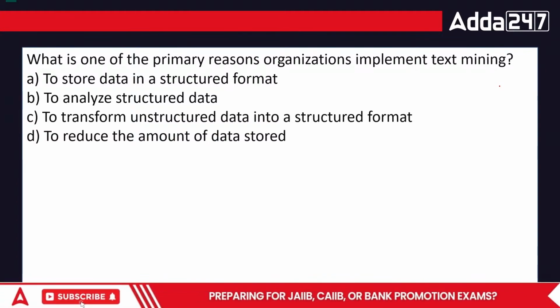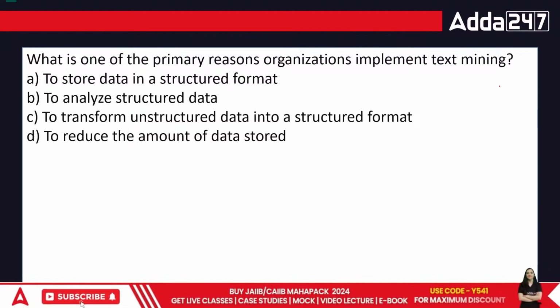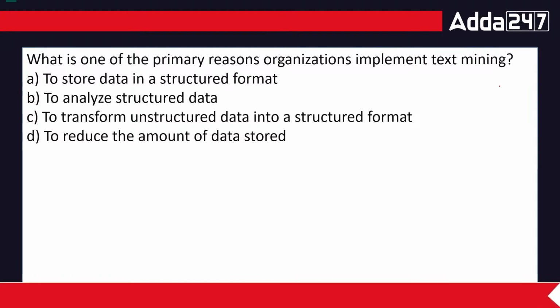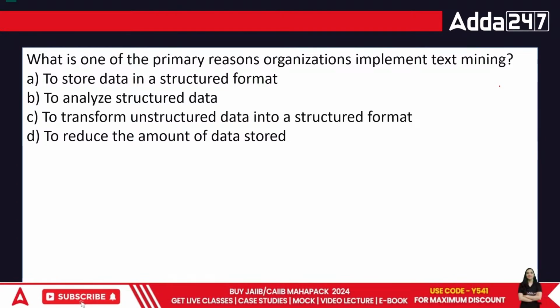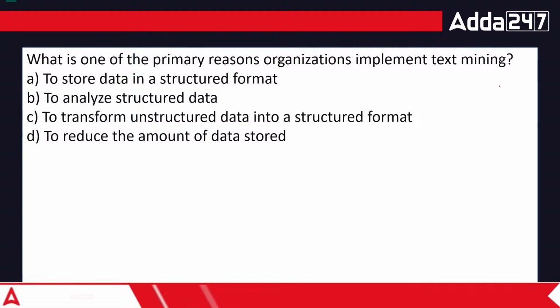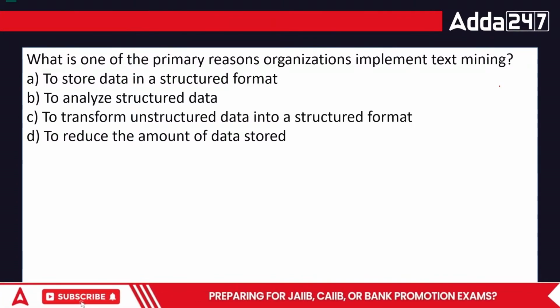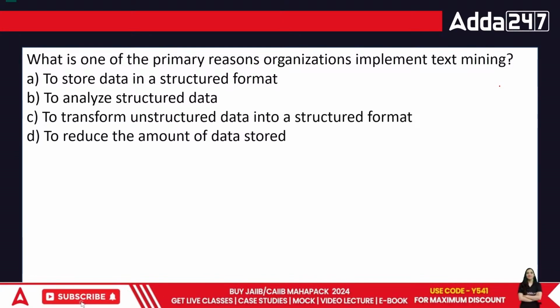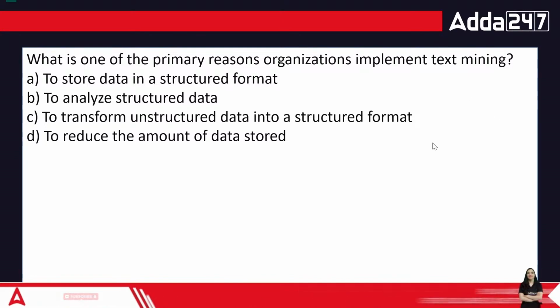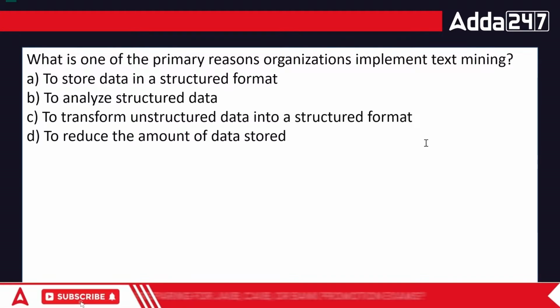See, text mining is similar to data mining in just one thing. Data mining is super important. Why is data mining super important? Data mining is important in order to understand the data, to turn structured and unstructured data into a better situation.